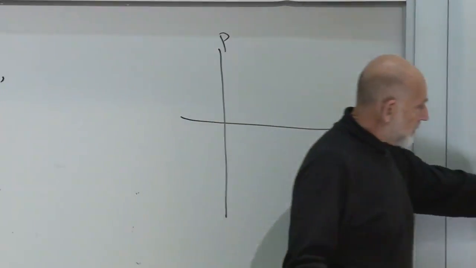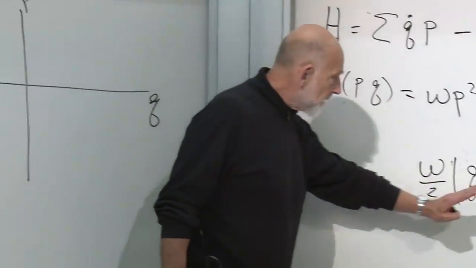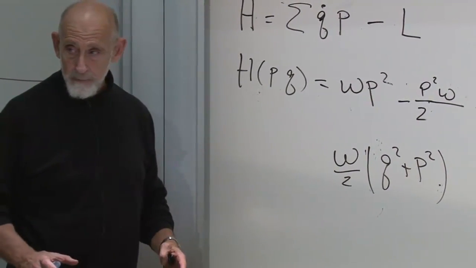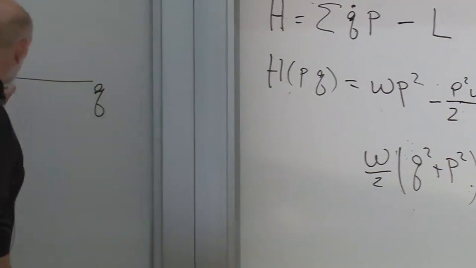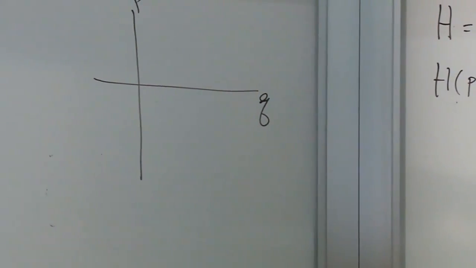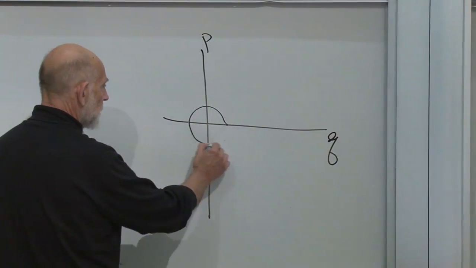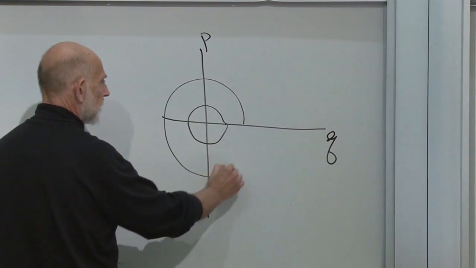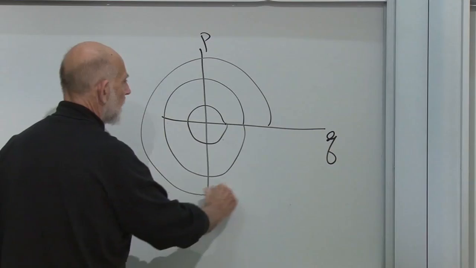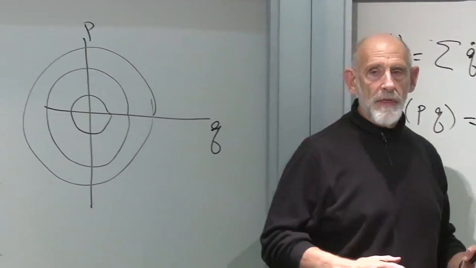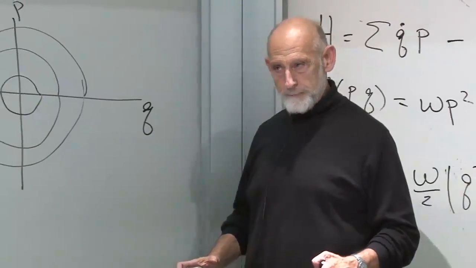Think of this function here. This function is constant with respect to time. Now, what are the surfaces or what are the trajectories of constant q squared plus p squared? They're circles. They're circles of different radius. Different radius means different values of q squared plus p squared, and therefore different values of energy.